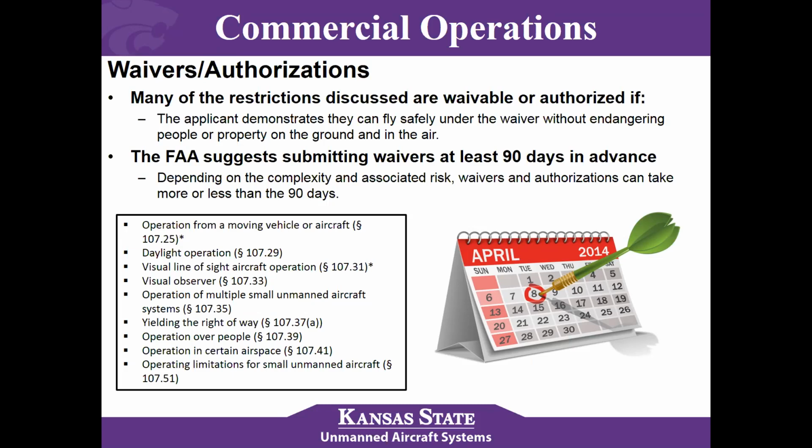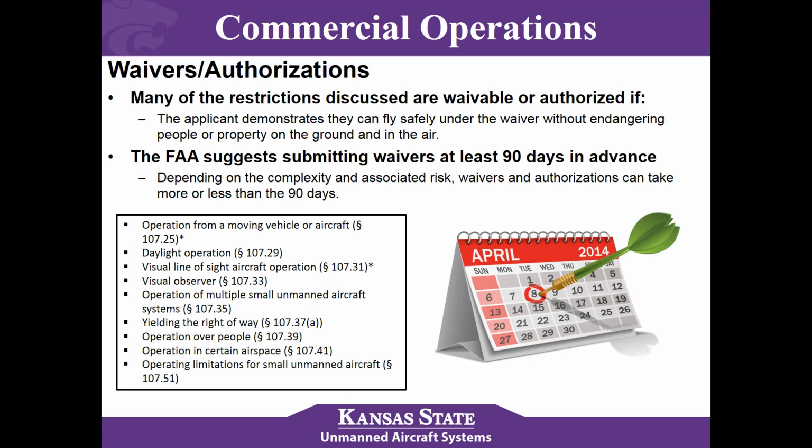The list of things that can be waived are over there on the left in the box. Those are the items that you could go to the FAA and, through the FAA portal, submit a waiver saying how you're going to do your operation safely and why you need to do that operation for whatever purpose you're trying to achieve. This isn't a simple process.